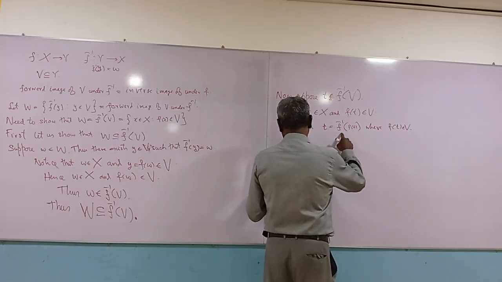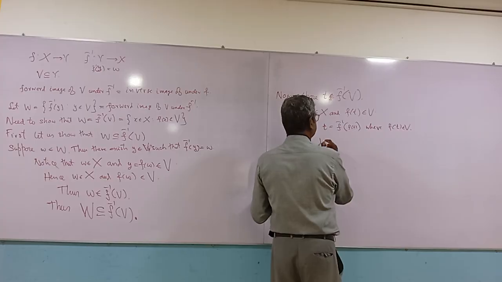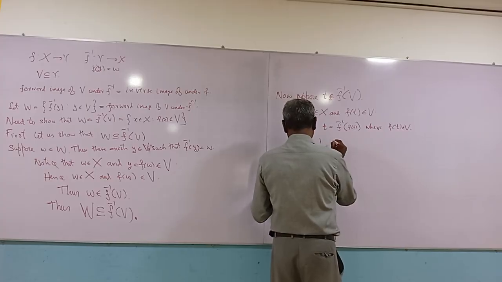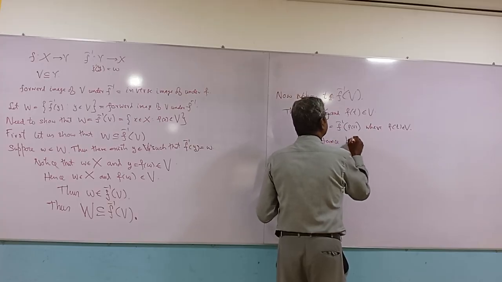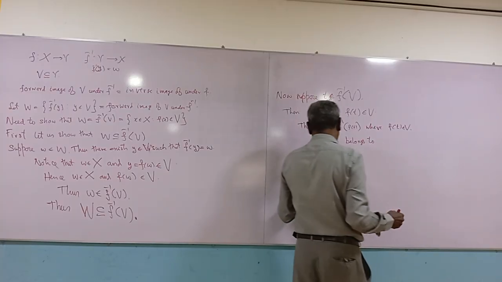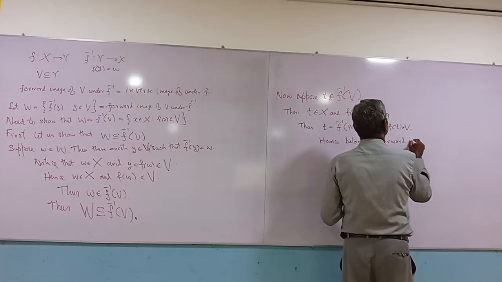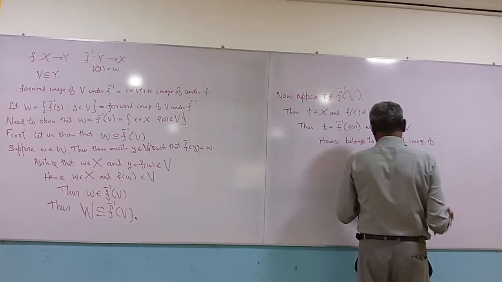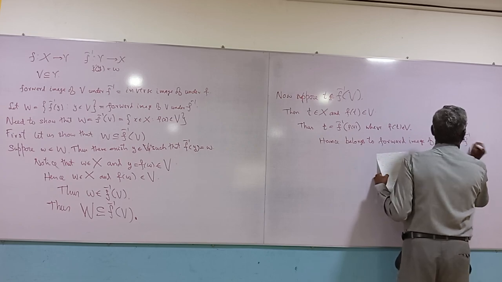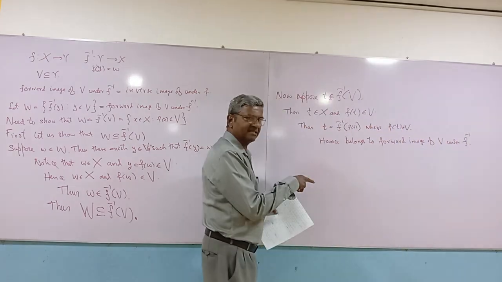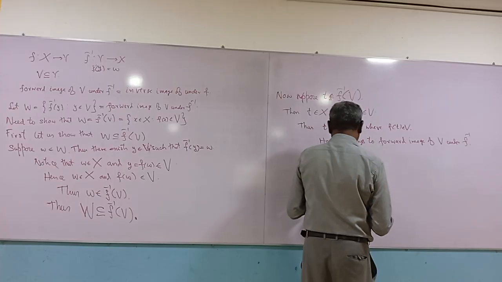Now, if t is equal to f inverse of f t, where f t belongs to v, hence t belongs to the forward image of v under f inverse, because t is f inverse of f t.